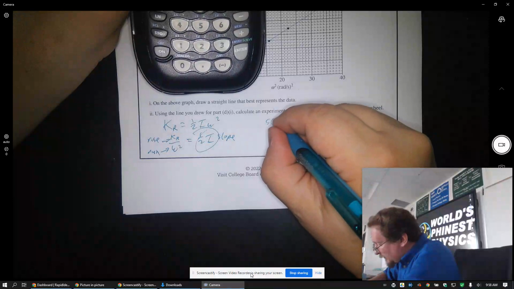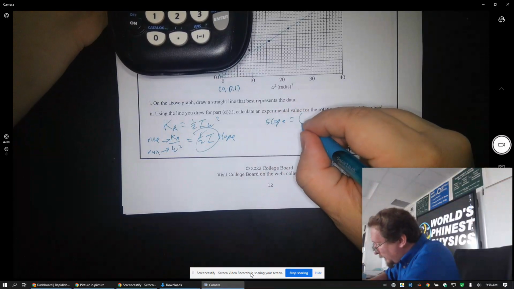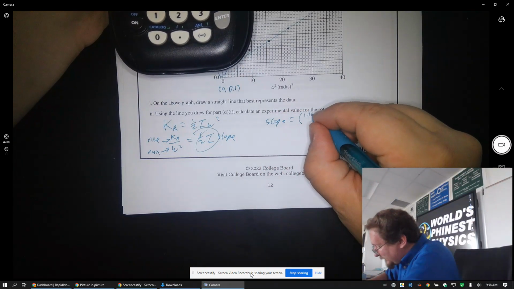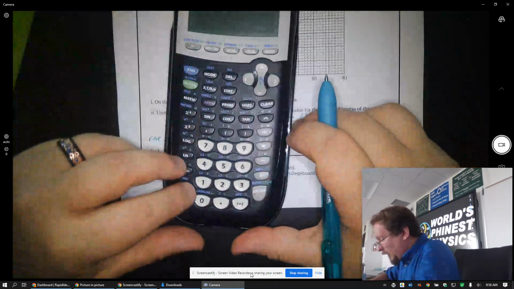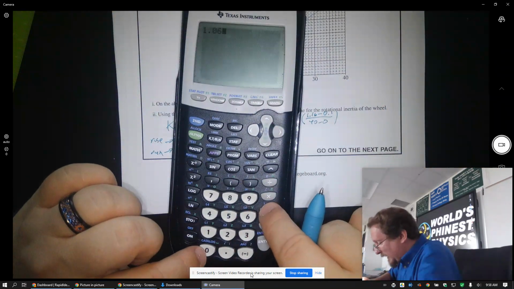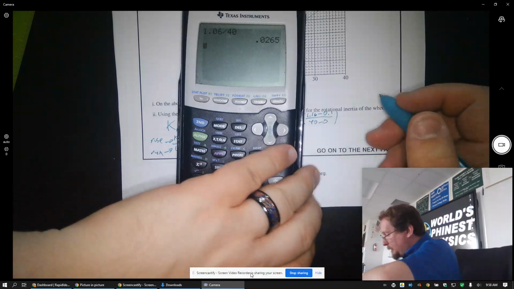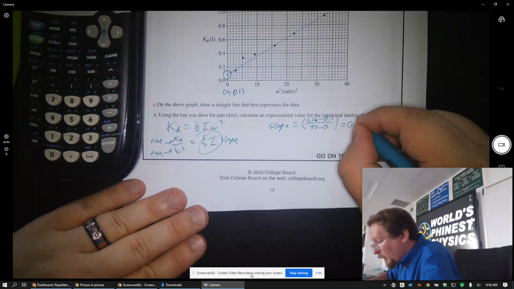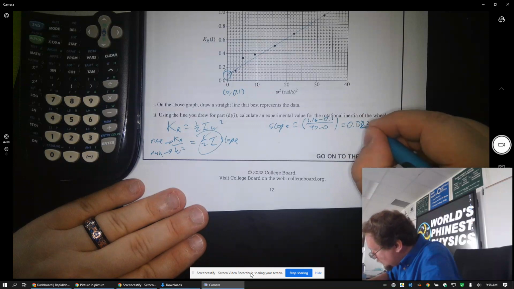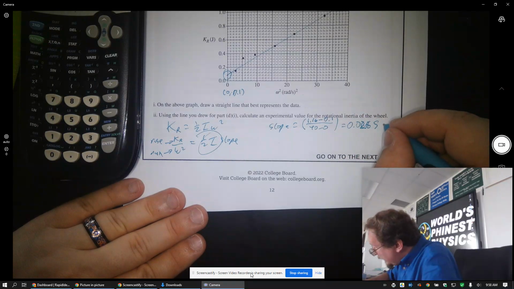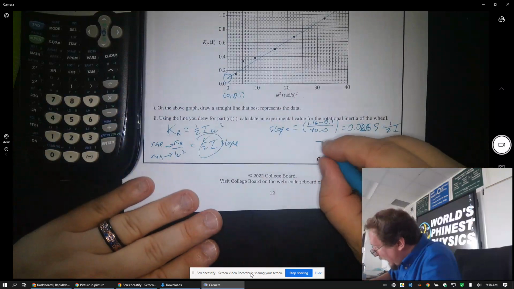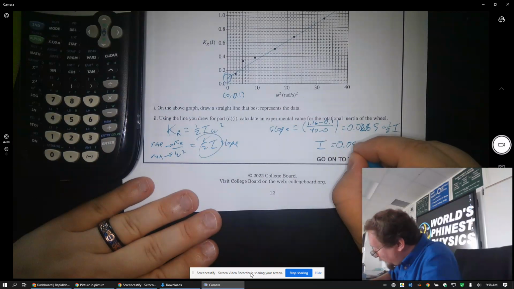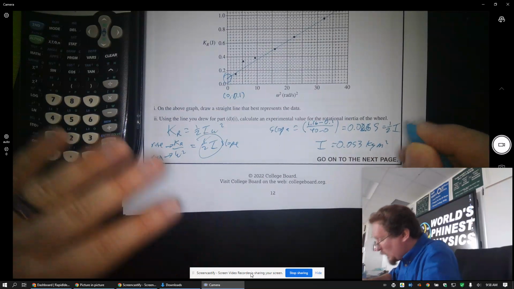All right, so slope is going to be 1.16 minus 0.1 over 40 minus 0. So 1.06 over 40, 0.0265. So slope is 0.0265, and that's equal to 1/2 of an I. So if I double that, then I get the full I. The I is going to be 0.053 kilogram meters squared.